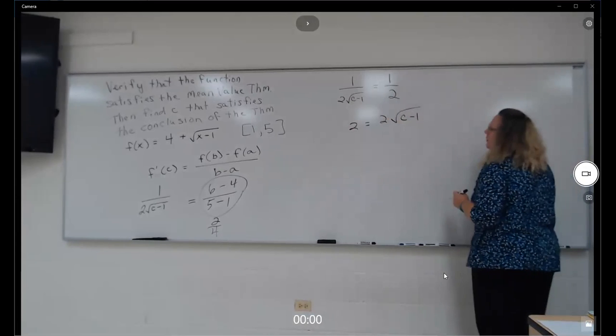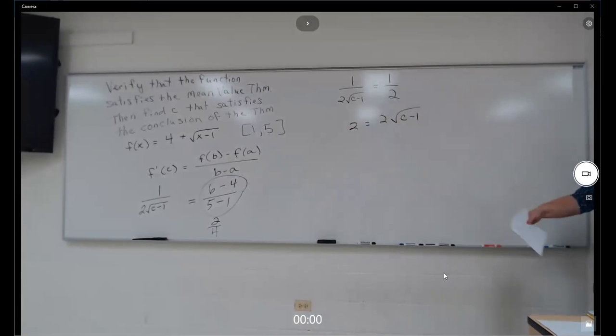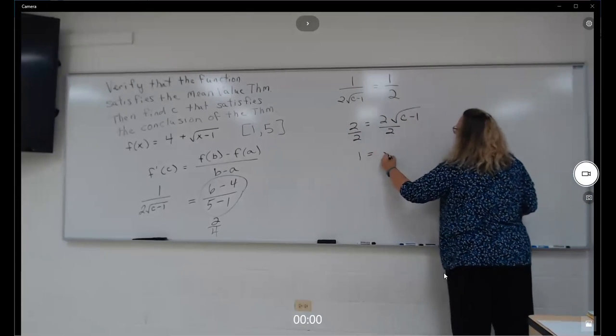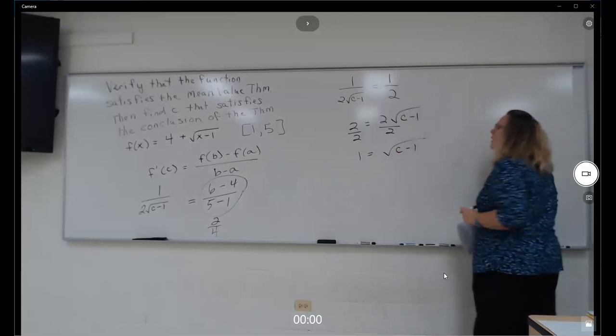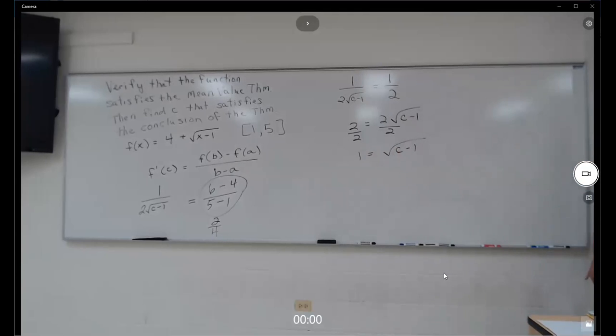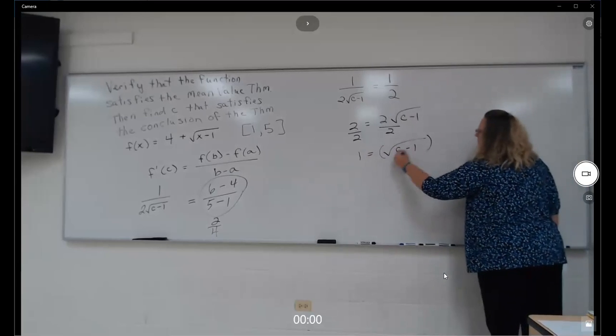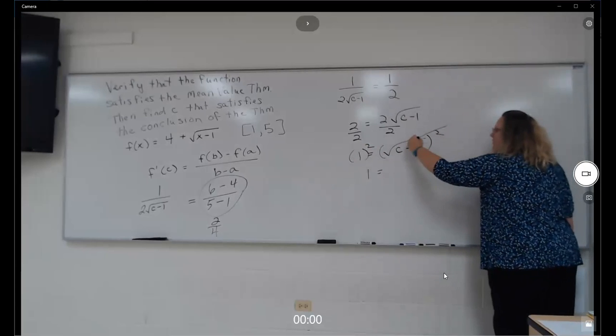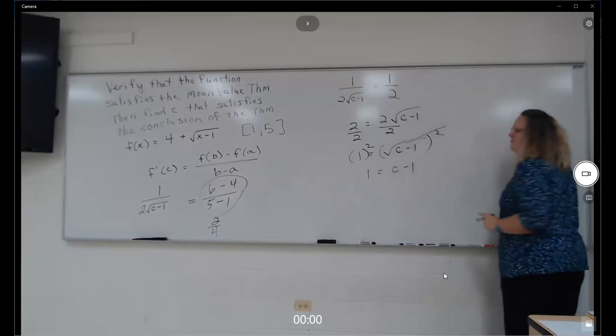Okay, so how are we going to solve this? Divide both sides by 2. Beautiful. And then everything else is under the square root, so we want to square both sides. This cancels nicely, so now we just have c minus 1.